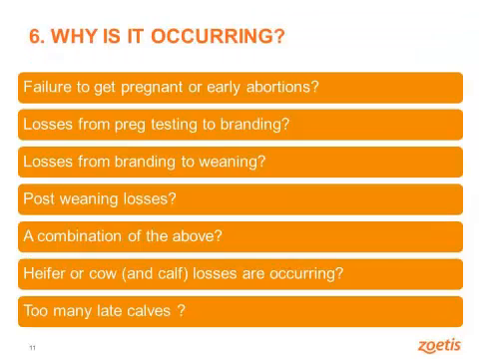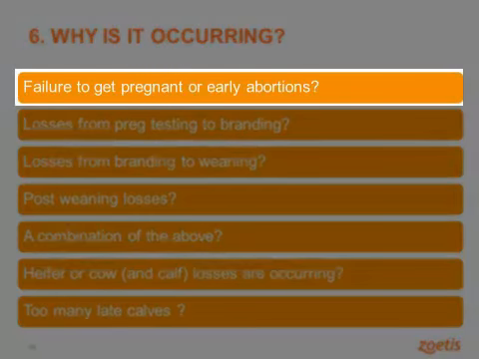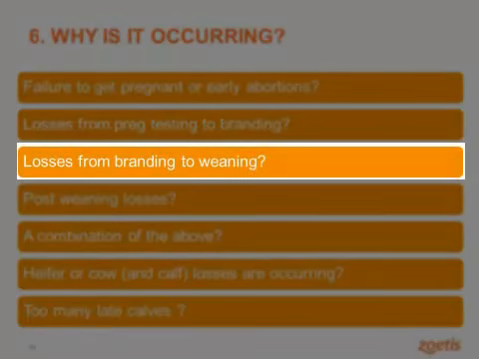The next question is, why is it occurring? Failure to get pregnant or early abortions can narrow down a number of potential causes of those losses. The losses are from preg testing to branding. That identifies another bucket of potential causes. If the losses are from branding to weaning, then again we have a narrow list of potential causes that we can focus on.